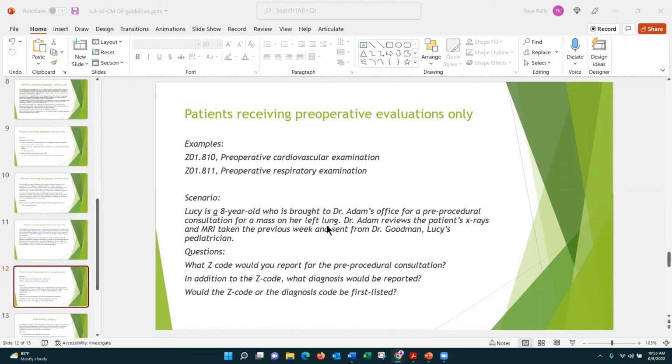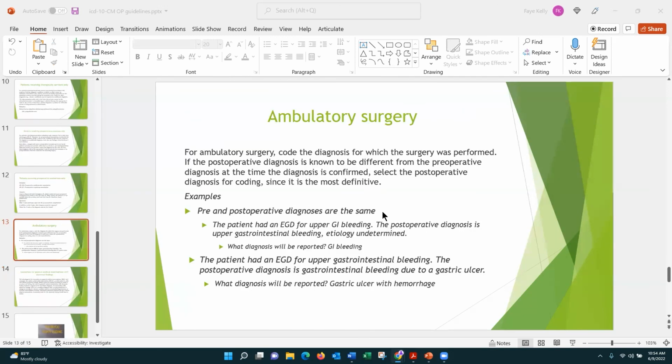She's 8 years old, she has a lung mass. So this is a respiratory pre-op. For the cardiac cath, it would have been 810. So it depends on what the type of surgery being performed is going to drive your code for your pre-op evaluation exam.